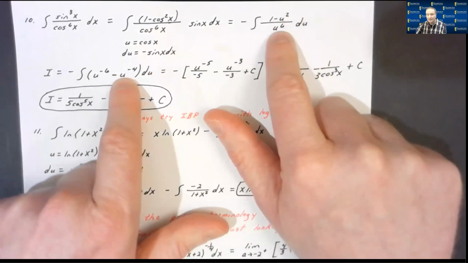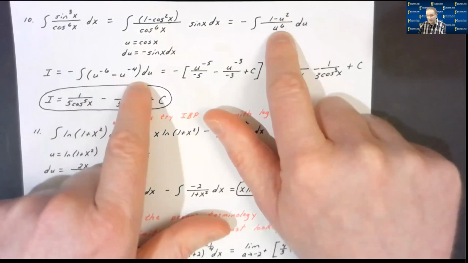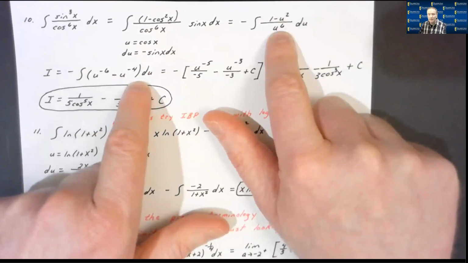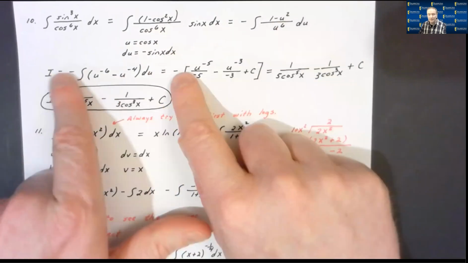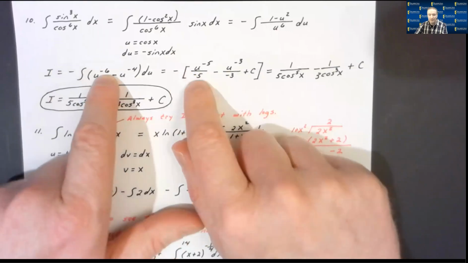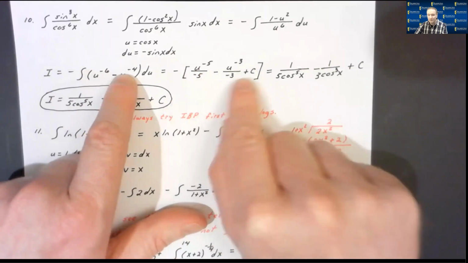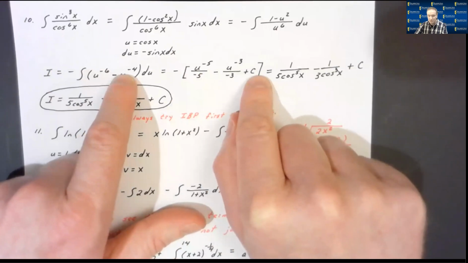Now I need to integrate the negative integral of this function of u. Well, easy, power rule. I'll keep my negative on the outside. Power rule tells me to add 1 to the exponent, divide by that new exponent. So I get u to the negative fifth over negative 5, and it would become minus u to the negative third divided by negative 3 plus your constant of integration.